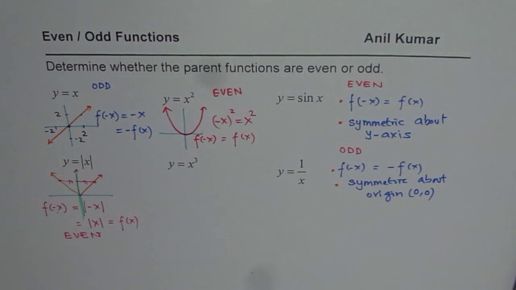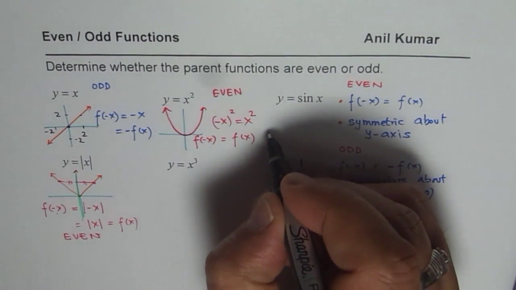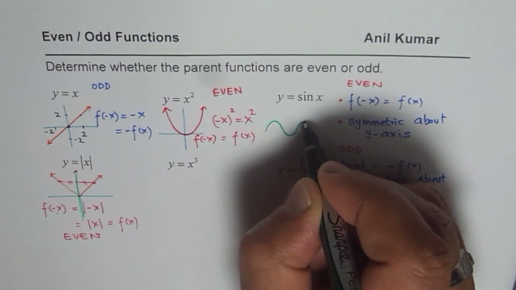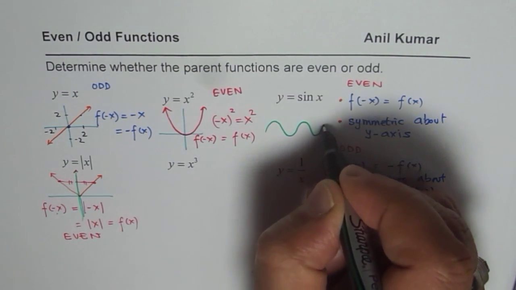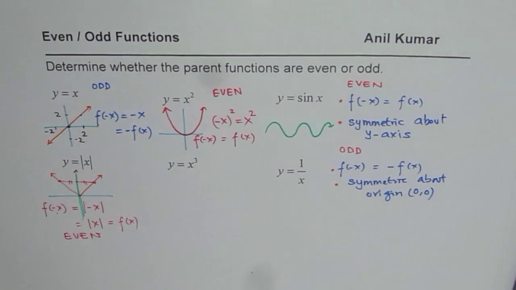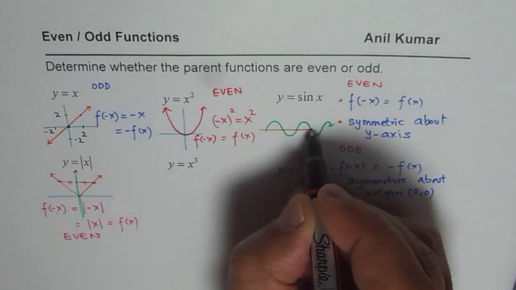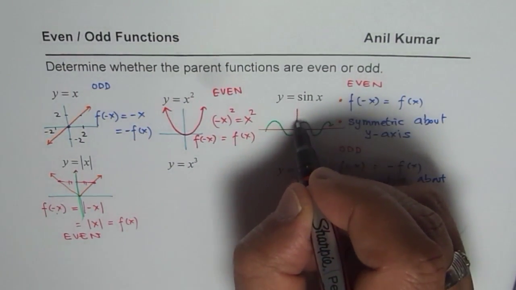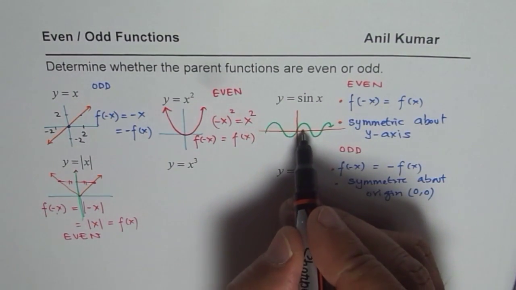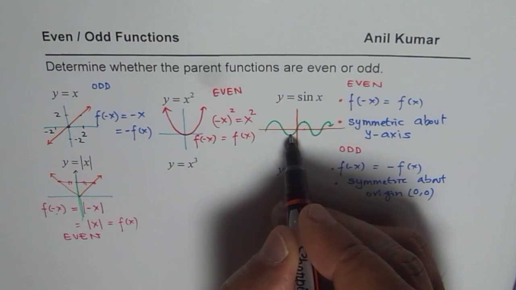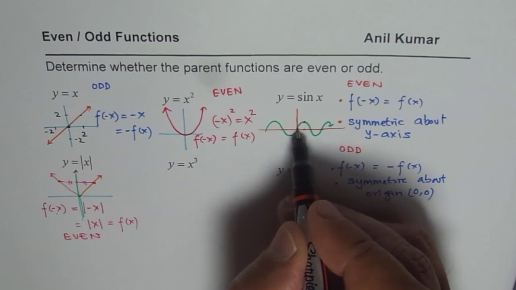Perfect. Now sine x. Sine x is a function which is a sine wave like this. It goes on and on. As you can see, the sine function starts from 0, and it has odd symmetry. If I take some degrees here, then the value is positive, and on the other side it is negative, and it is symmetric about the origin.